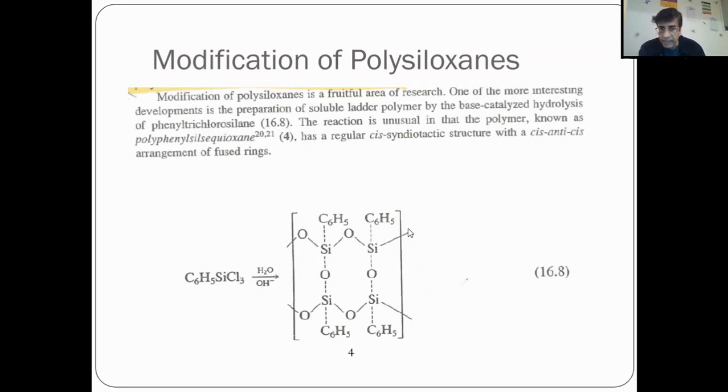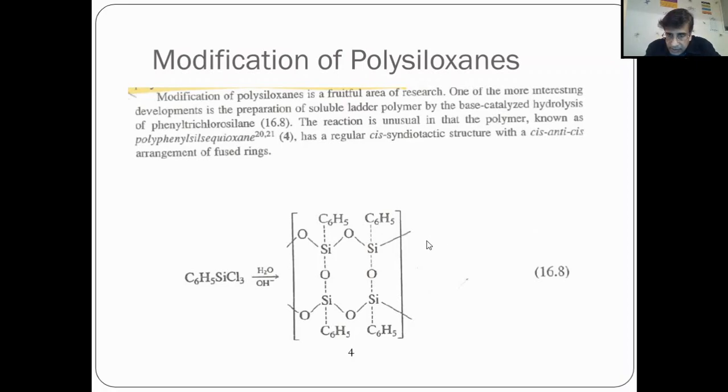So I'm repeating again. Look here. This is cis, and in terms of tacticity, this is isotactic, right? If I'm looking only at this molecule, but we have a long chain, so we have to look at how all of them are arranged. So this is cis.